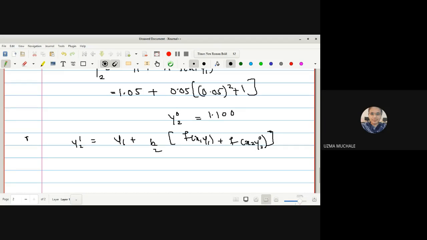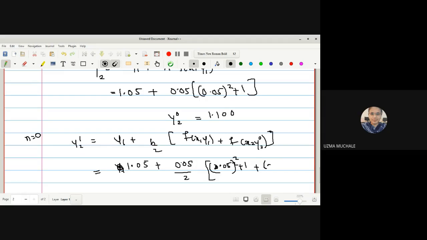For n equal to 0, we have to find first y2 raised to 1, that is y1. What is the value of y1? We have found it is 1.05, plus 0.05 divided by 2. What is the value of f of x1 y1? It is x1 square plus 1. What is x1? 0.05. It's square plus 1, plus f of x2 y2 naught.